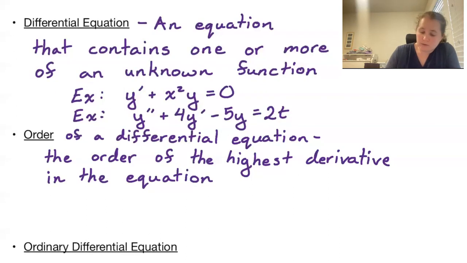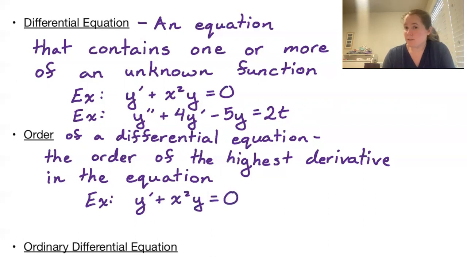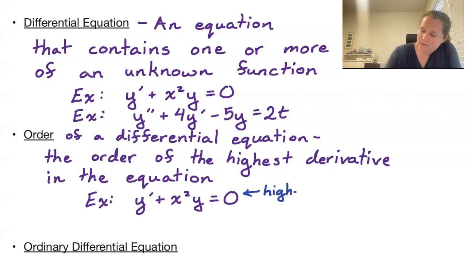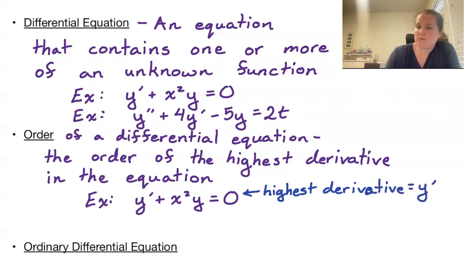So if we take the two equations we used before, y prime plus x squared y equals 0, the highest derivative is the first derivative, y prime, which is first order, and so this is a first order equation.